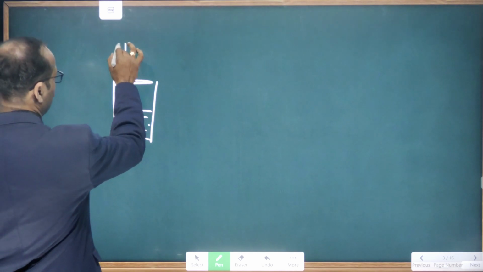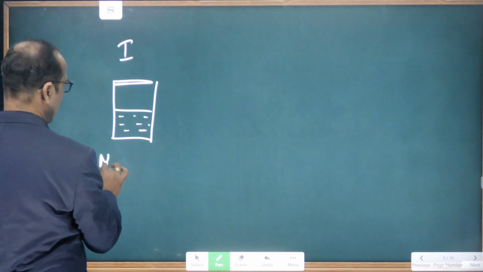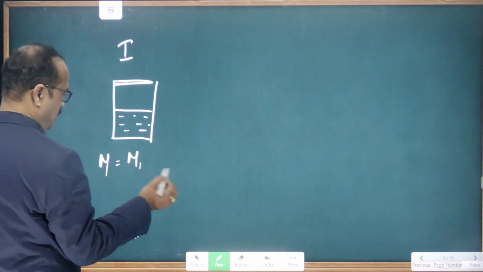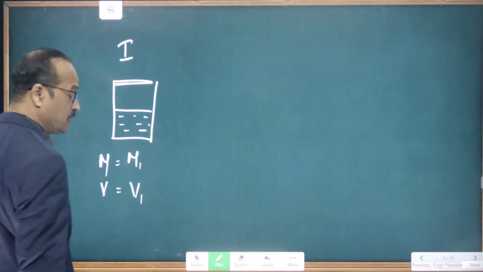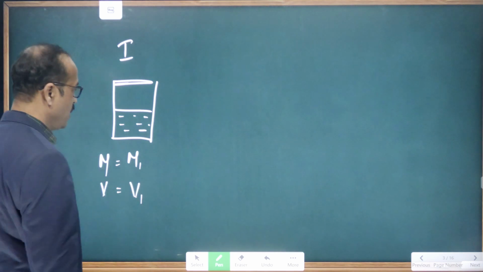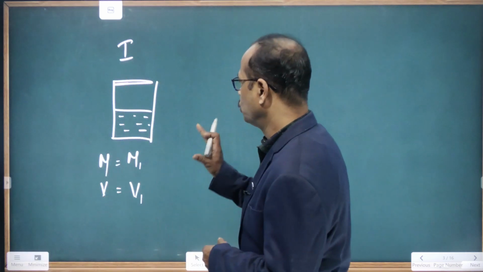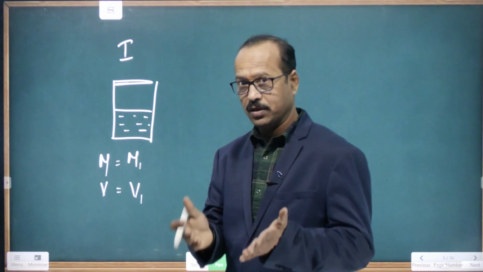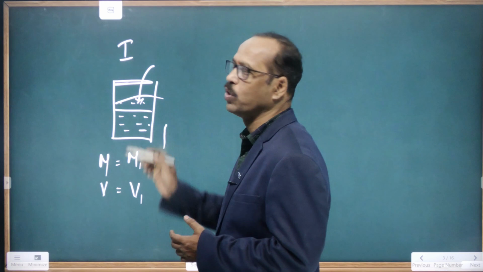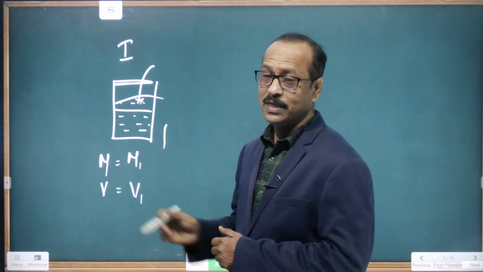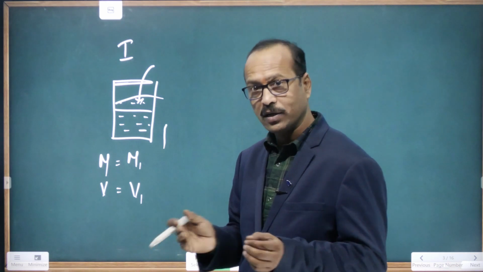Condition 1: the molarity of the solution is M1 and volume is V1. Now for example, I am adding some more water here. Now what happens? Does the molarity remain the same? No. As the volume changes, molarity also changes.